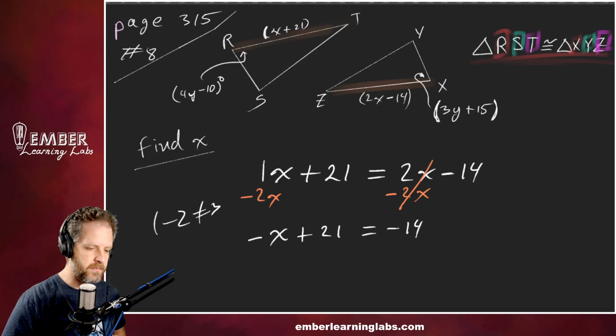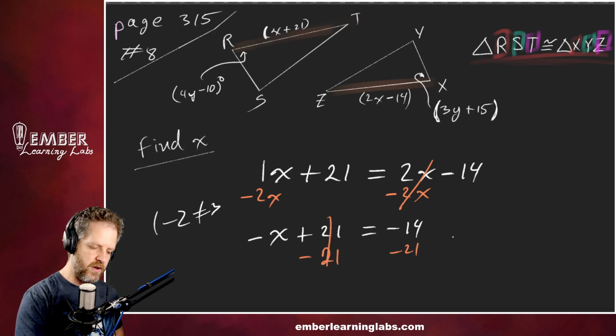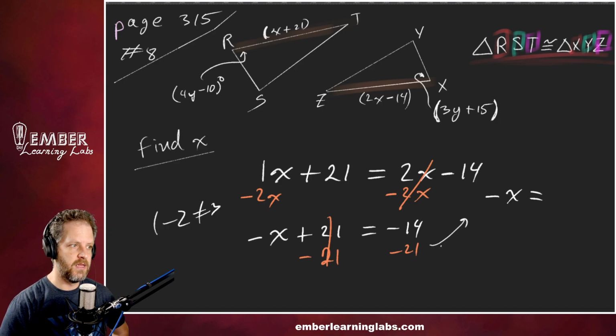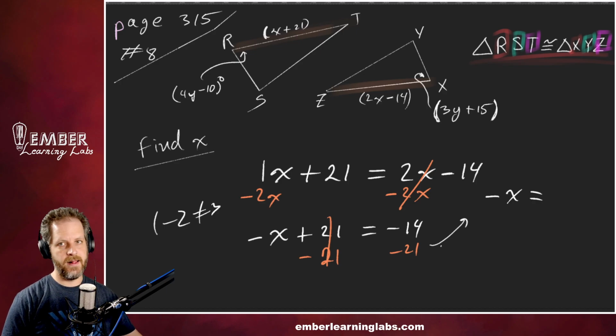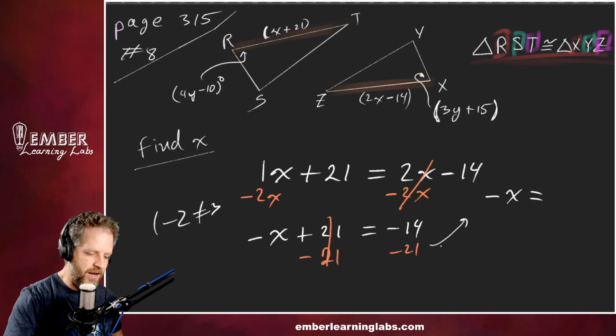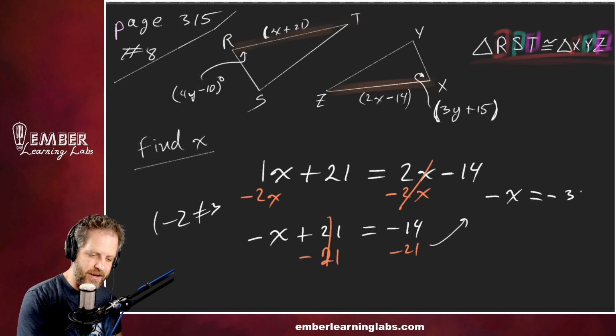Now what would we need to do? Absolutely, subtract that 21. So we've got negative x equals negative 14 plus negative 21. What's that? Negative 35.